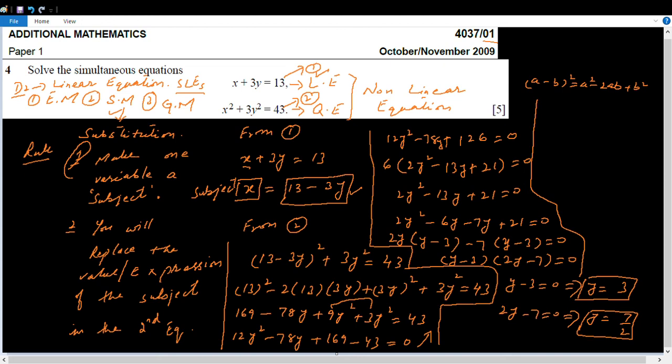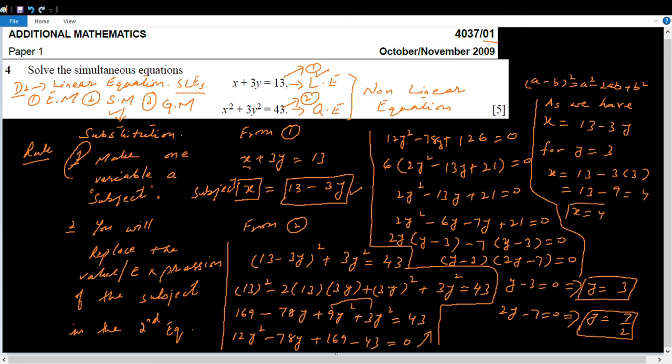As we have x = 13 − 3y, for y = 3, x = 13 − 3 × 3 = 13 − 9 = 4. So x is equal to 4.